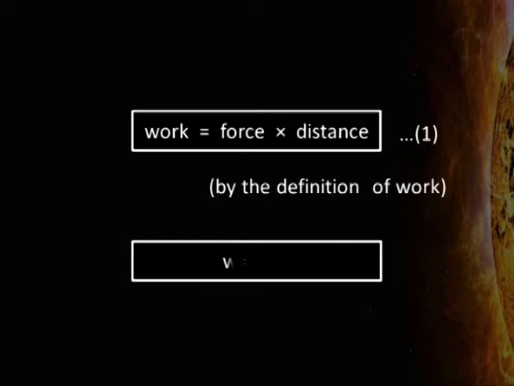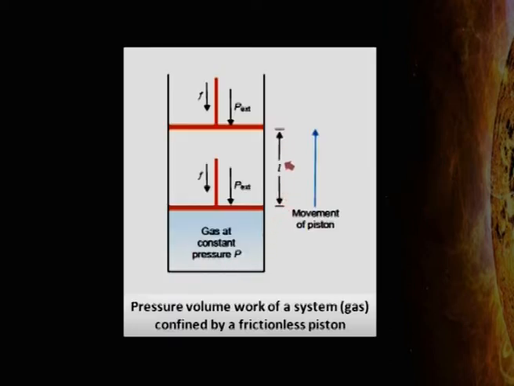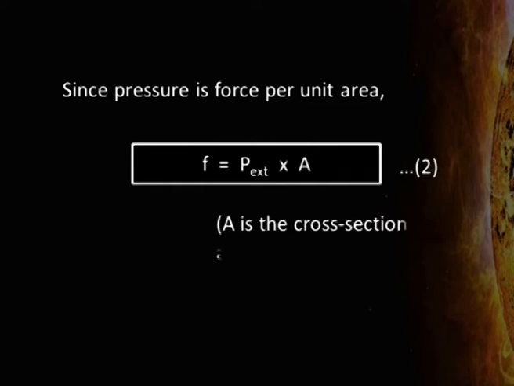Hence, work will be equal to F multiplied by L. Here, L is the distance through which the piston has been moved in doing the work of expansion. Since pressure is force per unit area, hence F will be equal to external pressure multiplied by area. Here A is the cross-sectional area of the piston.